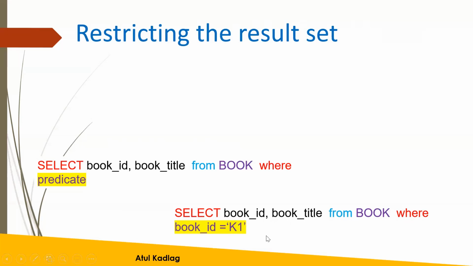When we put this where, then we can mention some condition like book id is equal to k1, and that is nothing but a predicate. This is called a predicate or condition, which basically tells the SQL engine to get the data just for that specific condition.